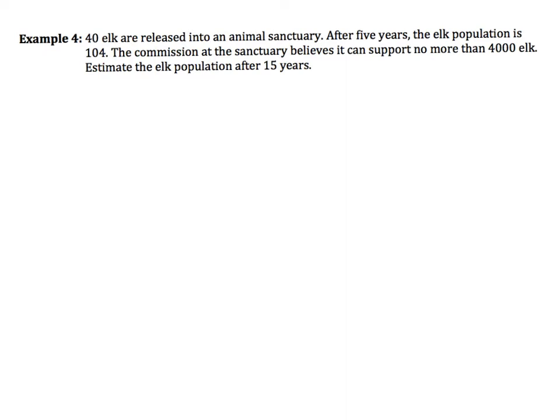So what's the key phrase here that we need to latch onto in order to do this problem? Well, I would say that the commission at the sanctuary believes it can support no more than 4,000 elk. That to us sounds a whole lot like a carrying capacity.